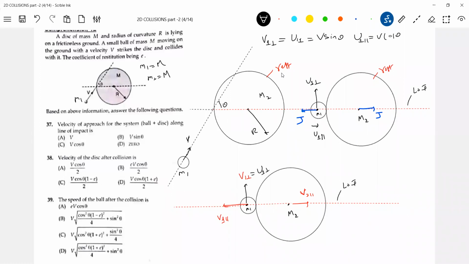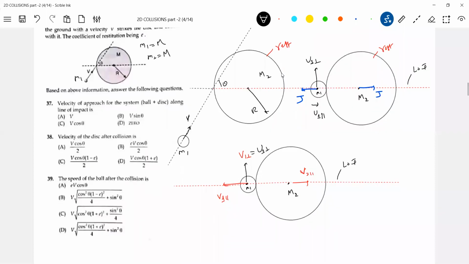Any equation we can write? I should apply conservation of momentum along the line of impact. Taking anything directed towards the right as positive, m1 u1 parallel should be equal to minus m1 v1 parallel plus m2 v2.